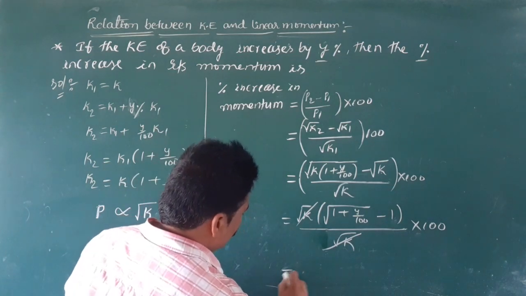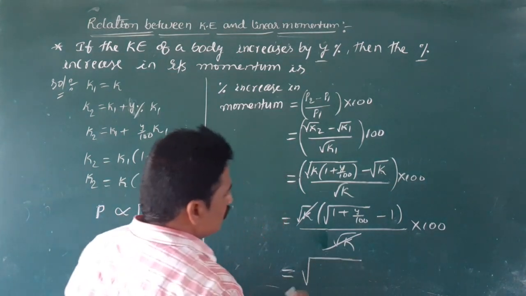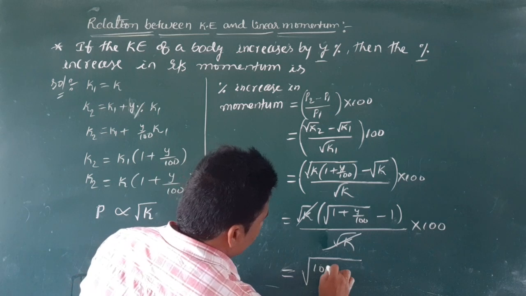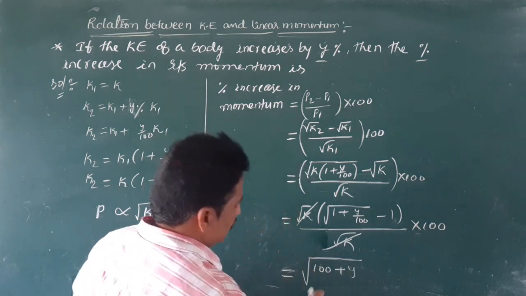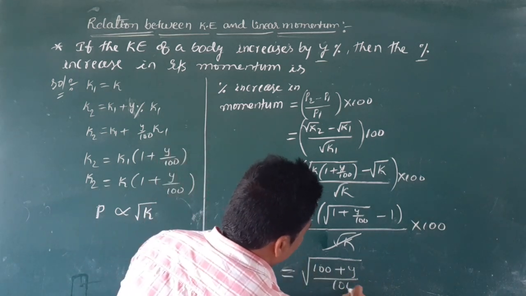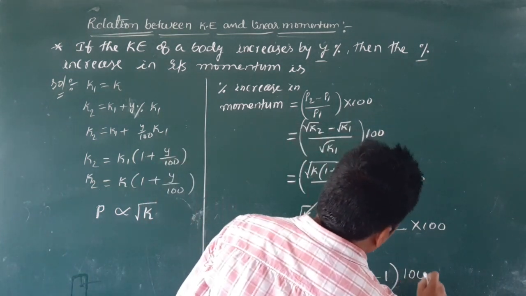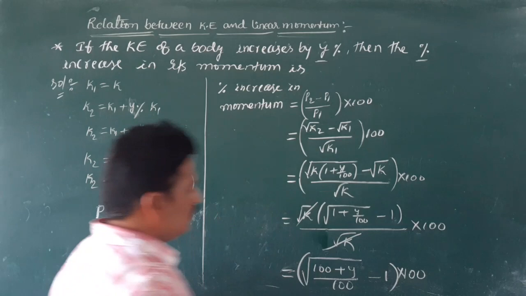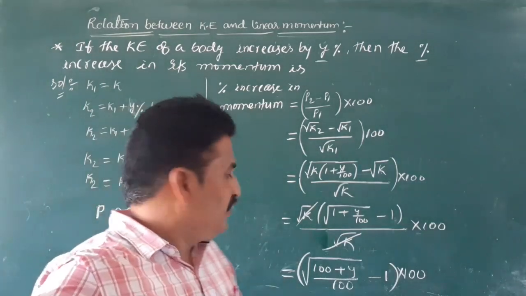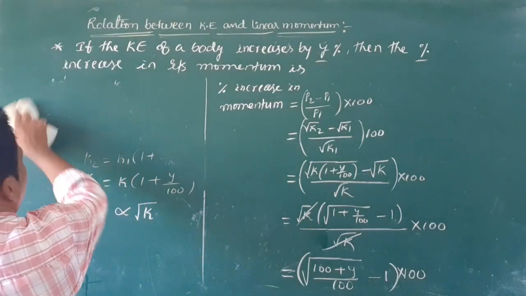Root of (100 plus y by 100) minus 1, into 100. Okay, from this we can simplify that.